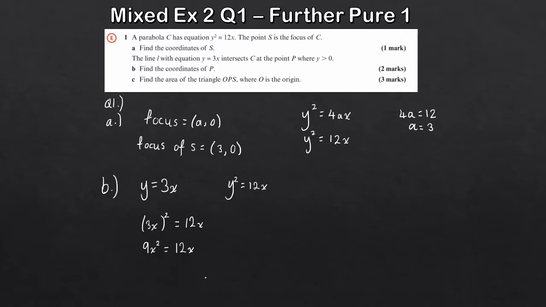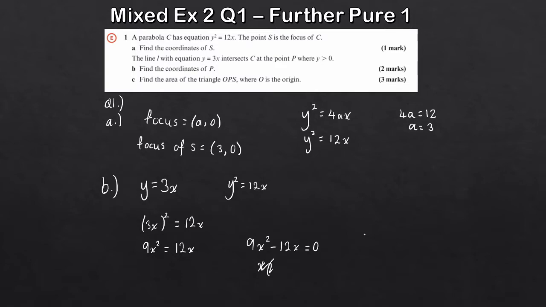Subtracting 12x off both sides, that'll give us 9x squared minus 12x is equal to 0. And now I'm just going to factorise, so I want to obtain what x is. What we could do is just divide through by 3 first.